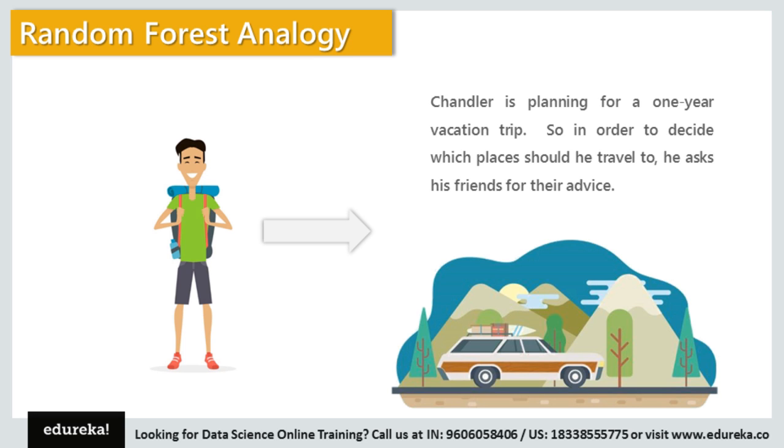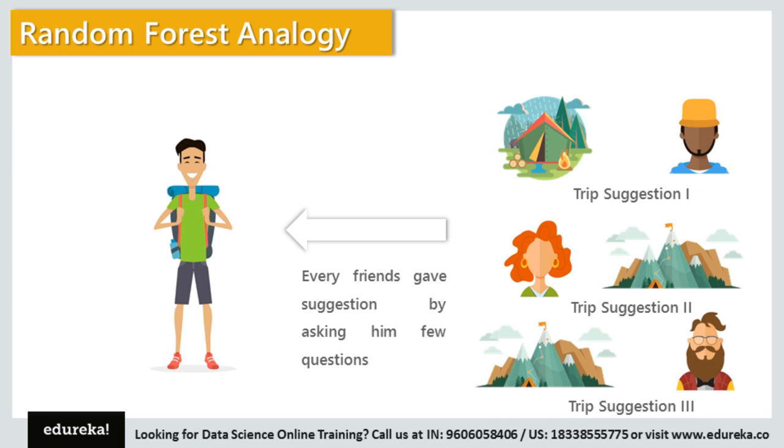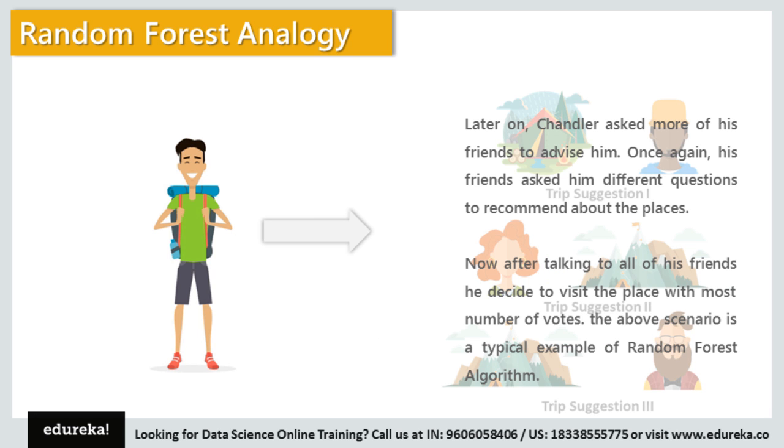It's a 1-year-long vacation, so you decide what places you want to travel to, and you take suggestions from a bunch of your friends. Now, obviously, your friends want to know your preference and ask you different questions before they recommend you places. Now, after talking to all of them, you decide to get a vote and hence go to the place which has the most votes.